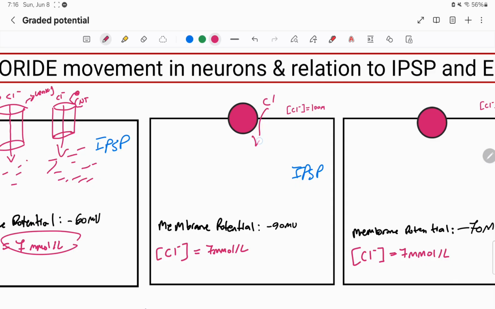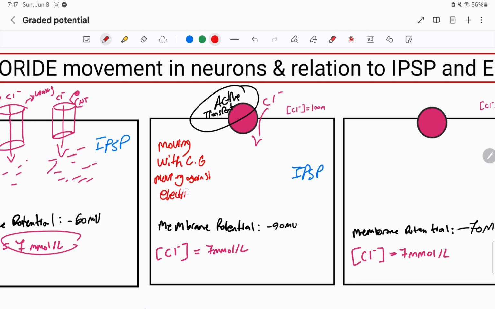Chloride needs to come in, but it needs to use active transport. Whether it's primary or secondary doesn't really matter, but it uses active transport. Why? Because currently, the chloride is moving with its concentration gradient, 100 to 7. It's moving with its concentration gradient, but it's actually moving against its electrical gradient, -90, -70.